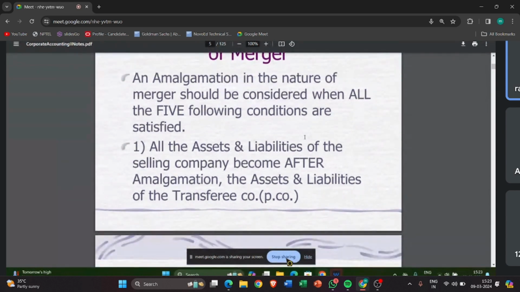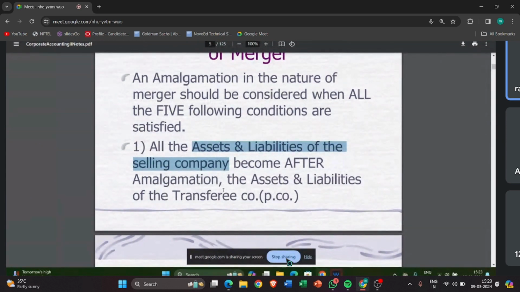What are those conditions? The first one: all the assets and liabilities of the transferor company. Who's the selling company? Who's selling the business? It's the transferor company, right? All the assets and liabilities of A Limited become the assets and liabilities of the transferee company, that is the purchasing company, which means the new company takes over all the assets and liabilities without any exception.